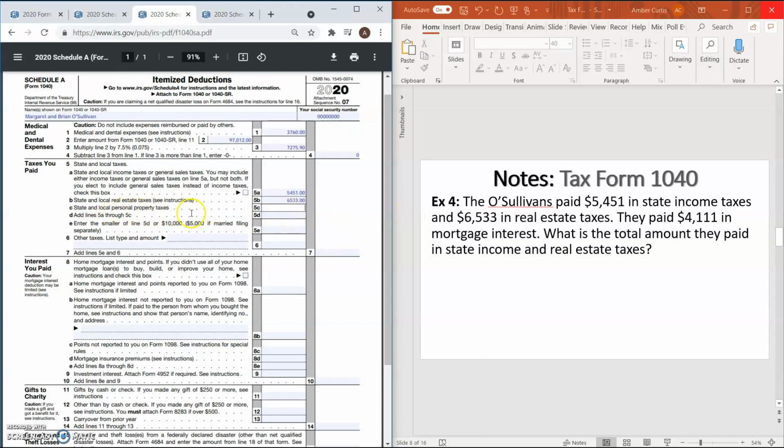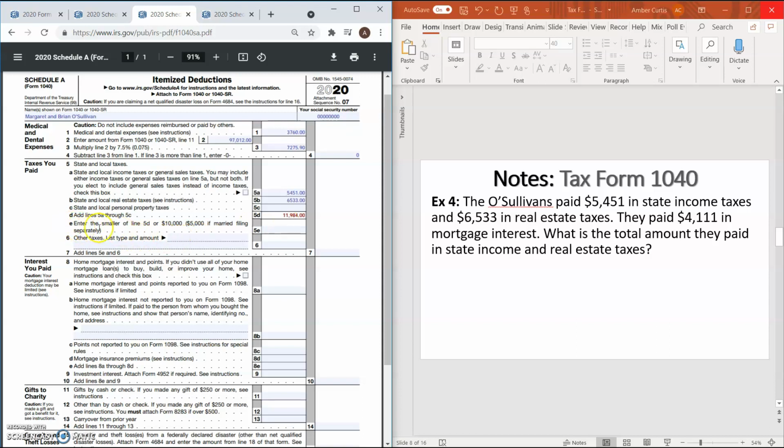We don't have that. And then D, we're going to be adding lines 5A and B together. So when we add those together, we have $5,451 plus $6,533, which is a total of $11,984.